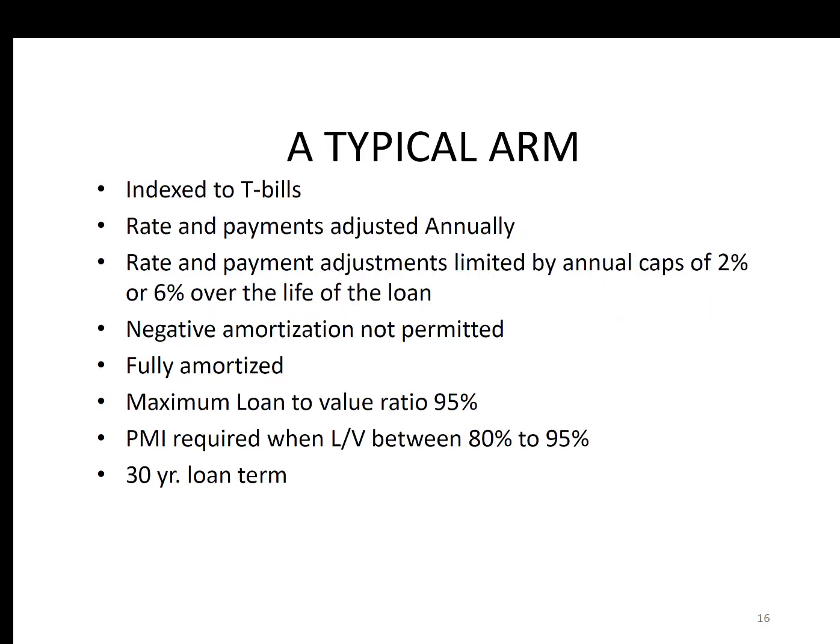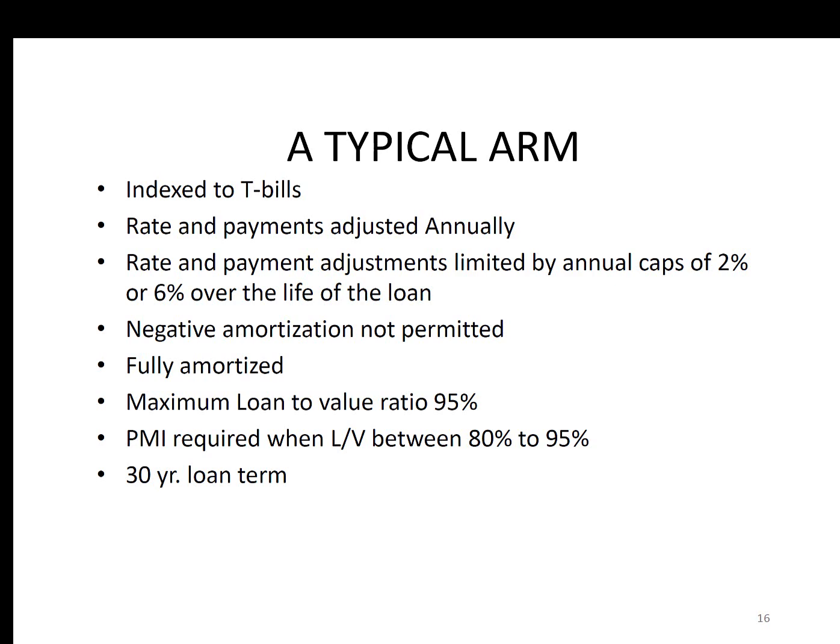A typical adjustable rate mortgage is indexed to T-bills, which are bills issued by the US government. We usually take them as risk-free indexes. The rate and the payment are usually adjusted at an annual term, which is less costly. The rate and payment adjustment is limited by annual caps of 2% every year or 6% over the life of the loan, which means the increase in the interest rate cannot be higher than 6% from the beginning interest rate over the entire life of this loan.